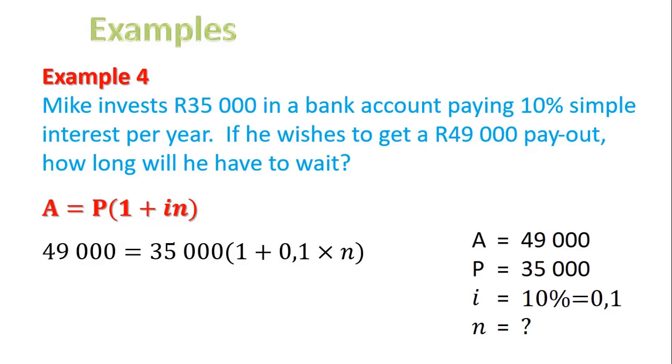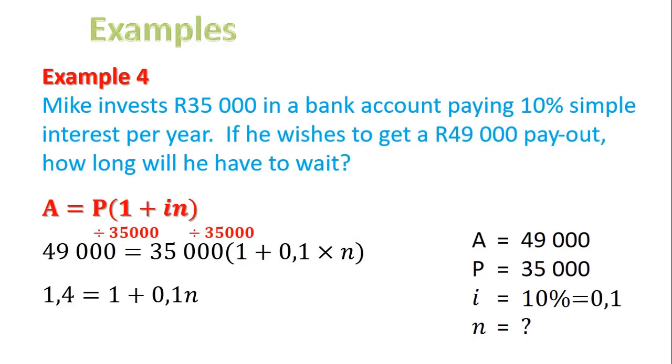Now it works a similar way to example 3. I have to get rid of that 35,000 in front of the bracket, and so I divide both sides by 35,000. 49,000 divided by 35,000 will give us 1,4, and that equals 1 plus 0,1 times n is just 0,1 n.